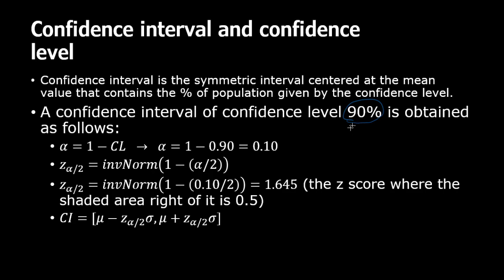But here's a more step-by-step method. When you're given the confidence interval, you want to follow these steps. Step 1, convert the confidence level to this alpha value, where alpha is also called the significance level.